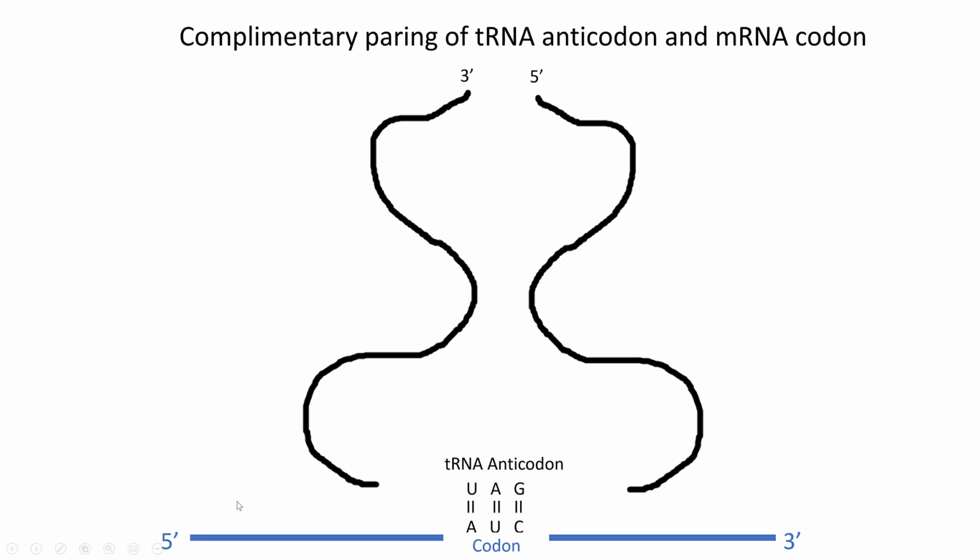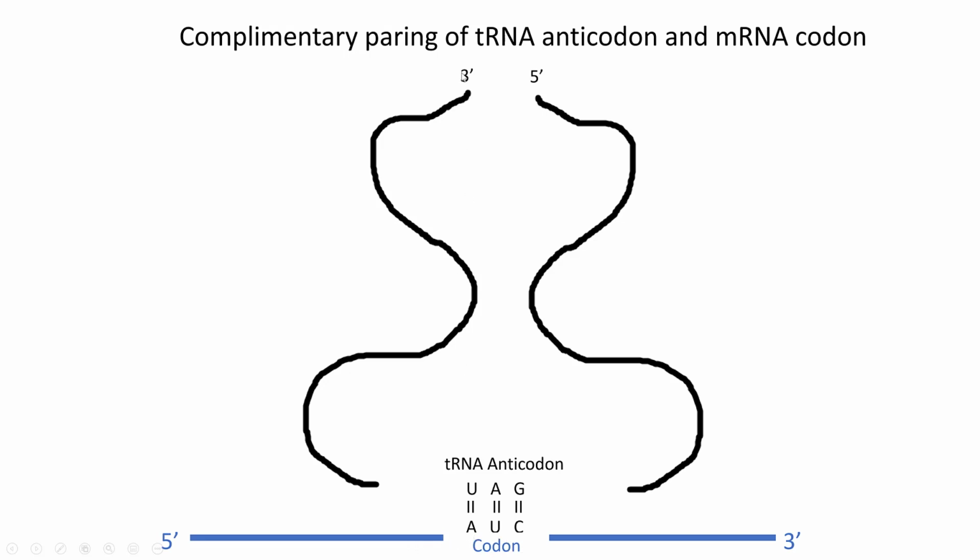So the messenger RNA, remember, that's the guy that actually went into the nucleus and read the DNA blueprint and translated it, and now it's got to transcribe it. So the transfer RNA anticodon is the opposite of the messenger RNA codon.